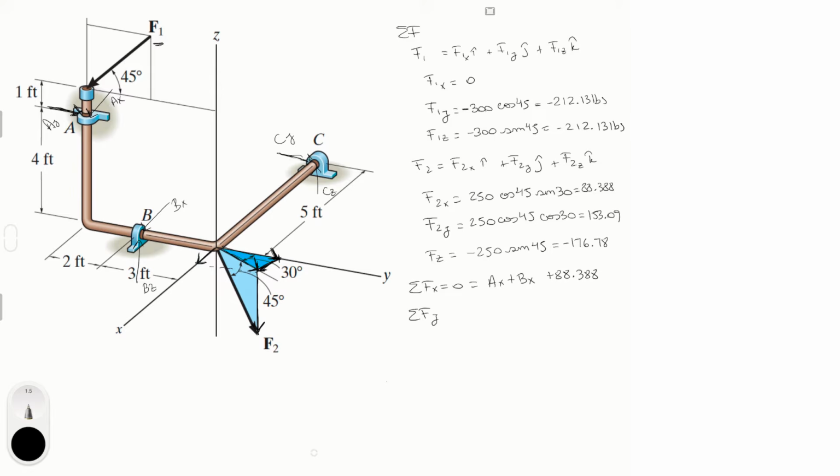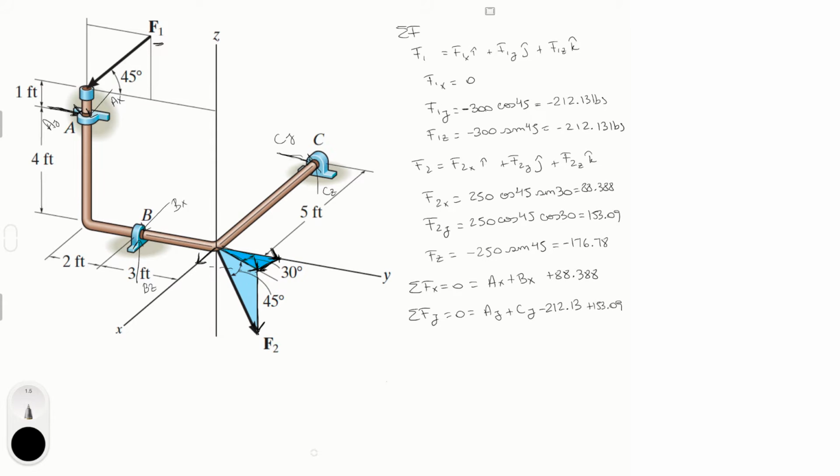Sum of the forces on the Y is equal to 0, and it's equal to AY plus CY. Now in the Y we have the F1Y, which is minus 212.13, and the F2Y, which is plus 153.09.